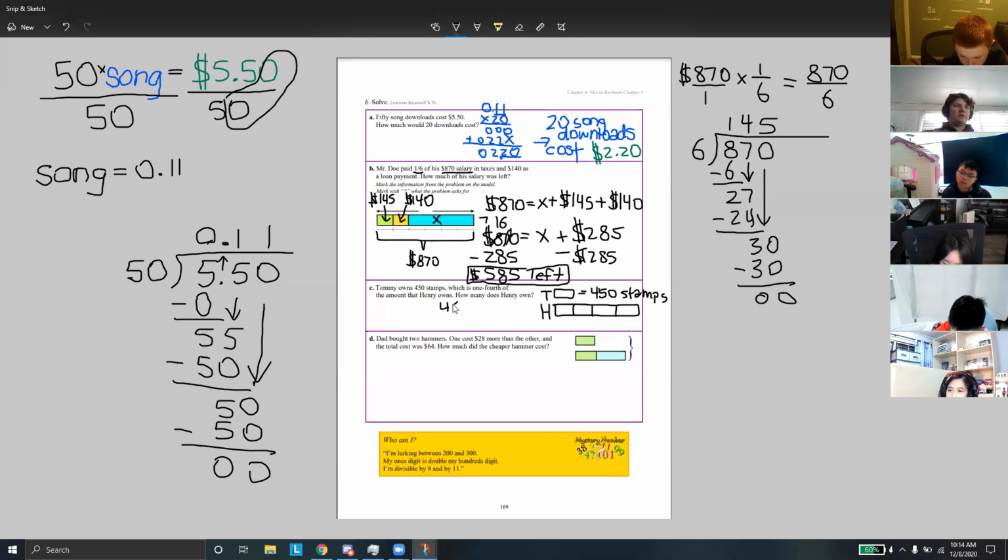So 450 times 4. Great. That shouldn't be too difficult. This could be 1,600 plus 200. So 1,800, is that what you guys got? 1,800 stamps. So remember, you're using a measurement, stamps.